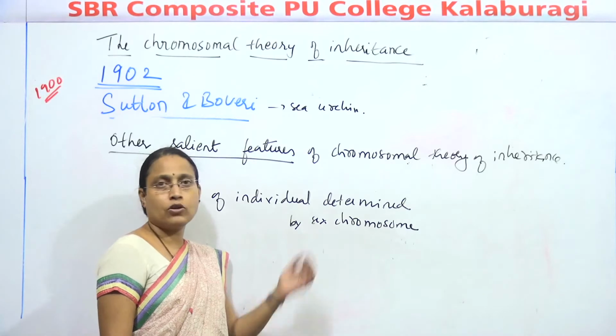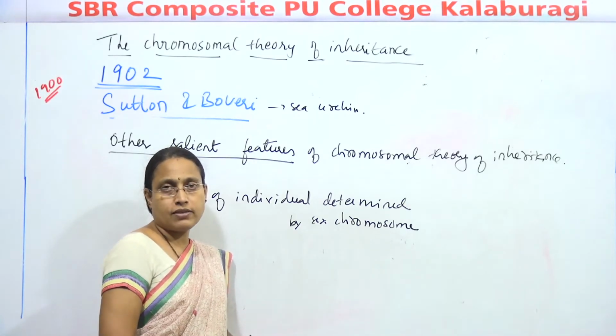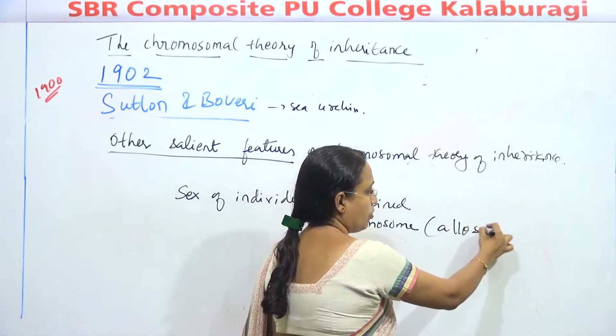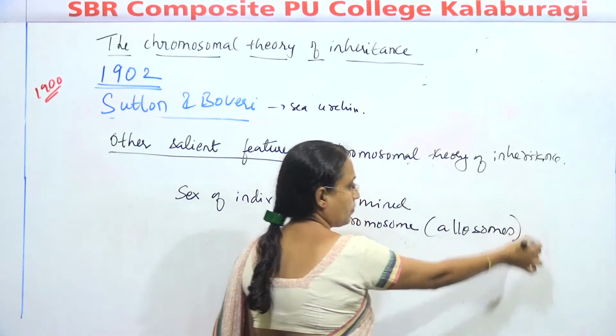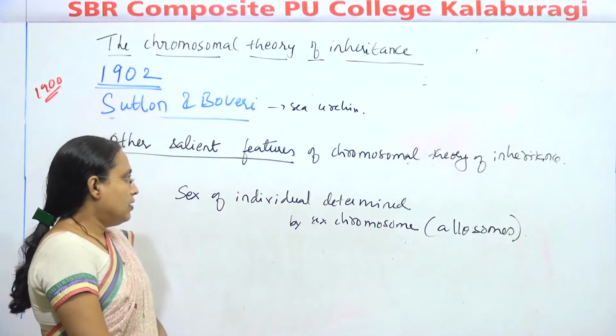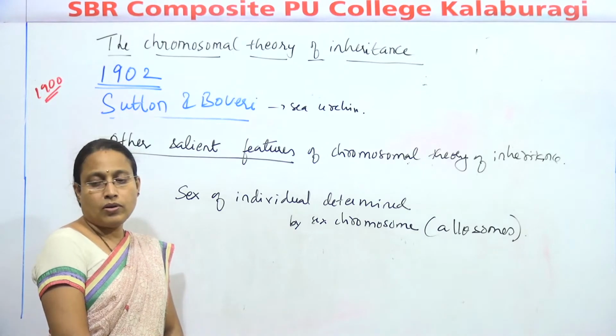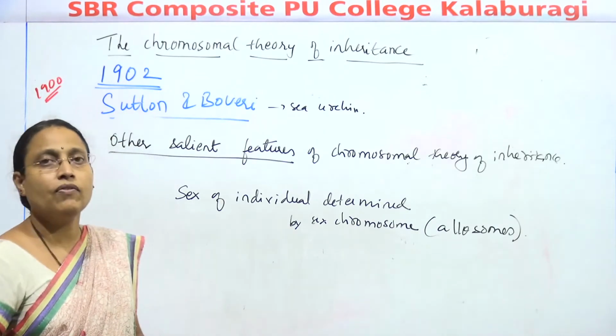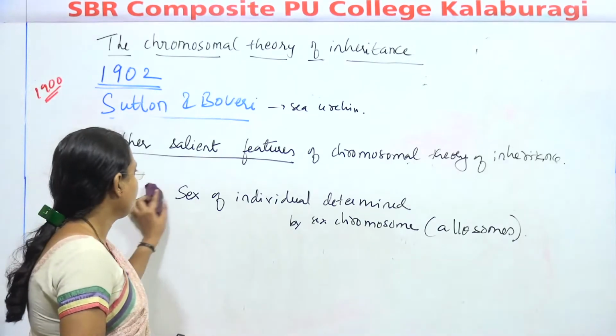Those are called sex chromosomes. There is one more term for sex chromosomes: they are also called allosomes. So this is also one of the salient features of the chromosomal theory of inheritance.